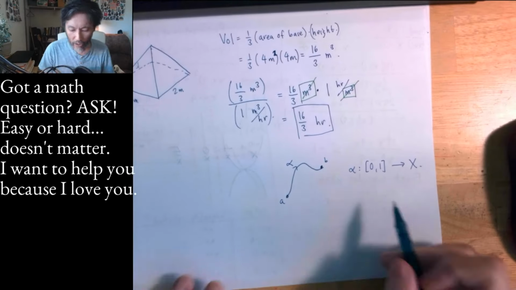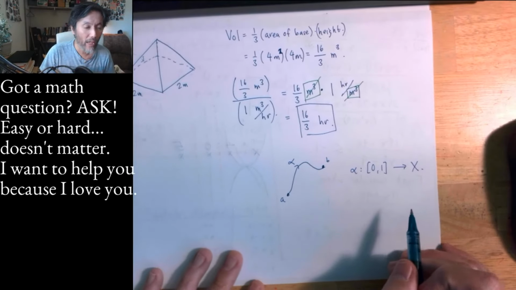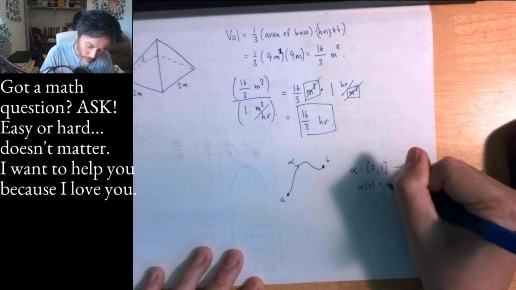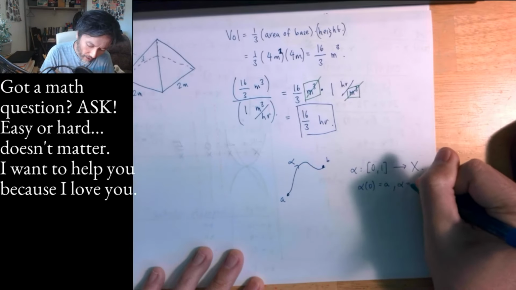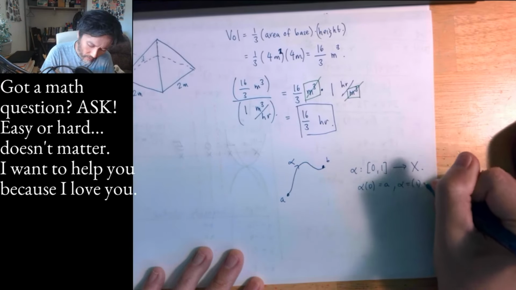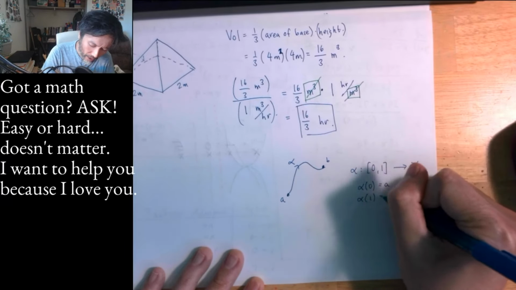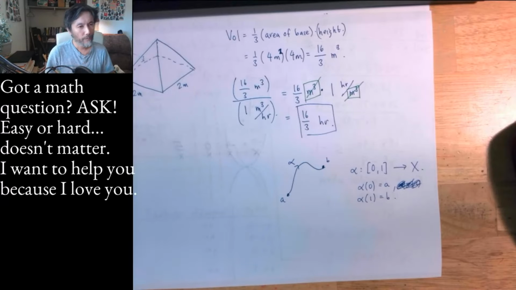In particular, this is a continuous map, and alpha of 0 is equal to this point A, and alpha of 1 is equal to B. So you can imagine such a thing.